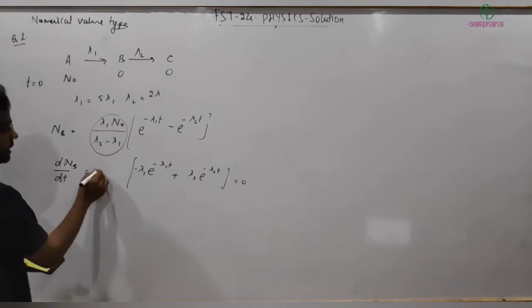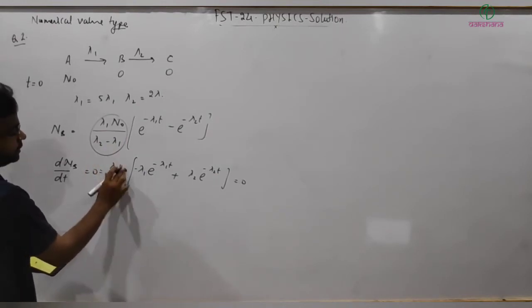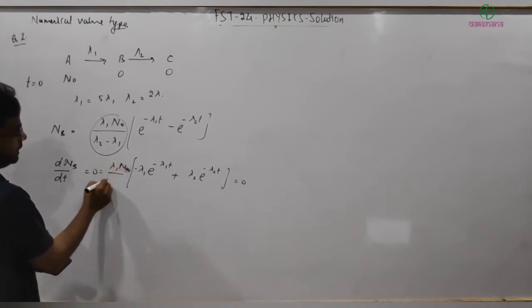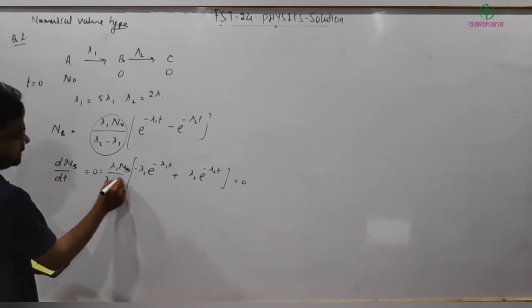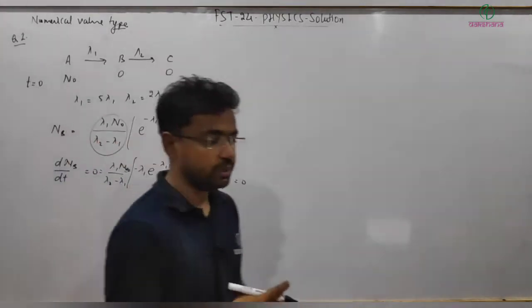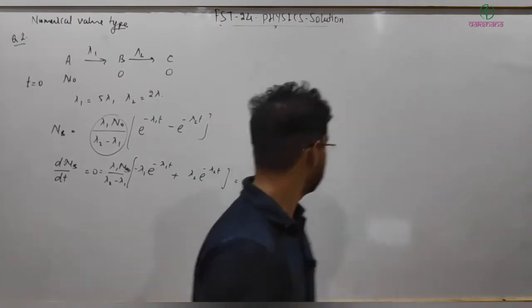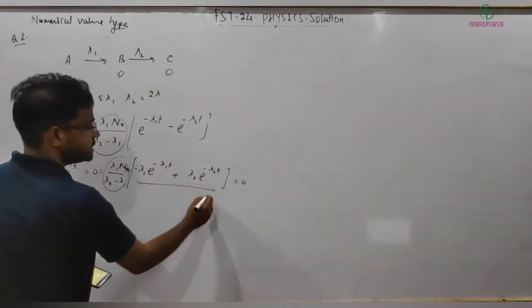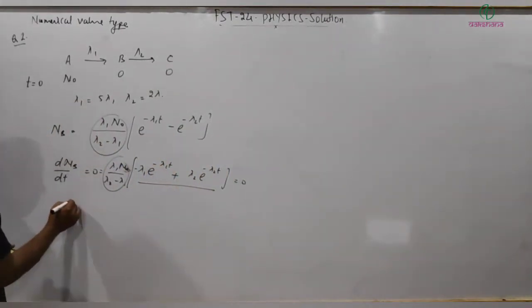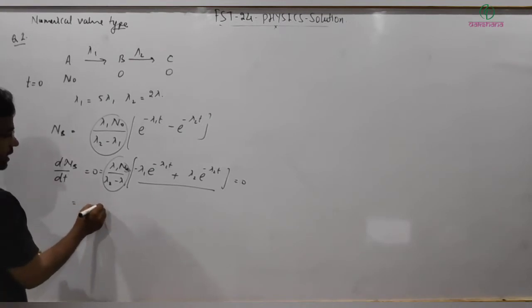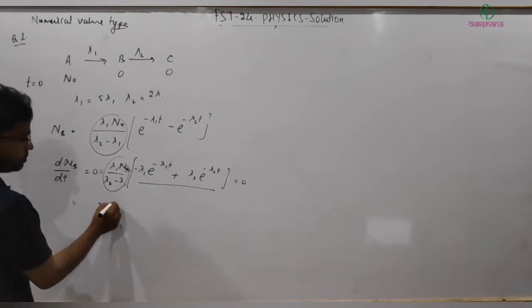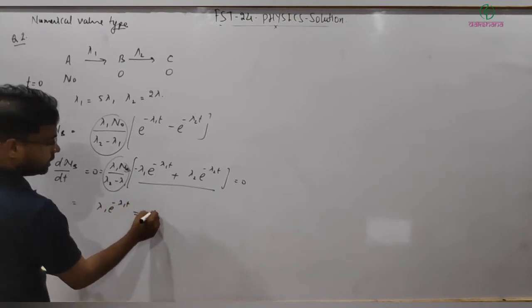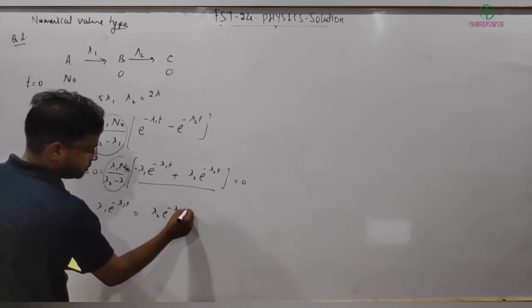The constant term here, λ1 N₀ divided by (λ2 minus λ1), cannot be equal to 0, so only this part can be equal to 0. So this implies λ1 e^(−λ1 t) equals λ2 e^(−λ2 t).